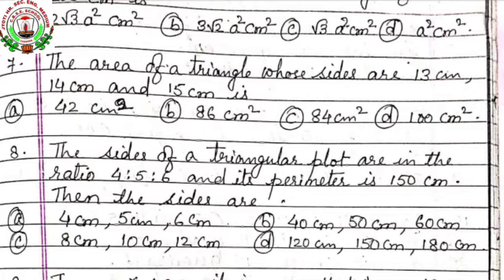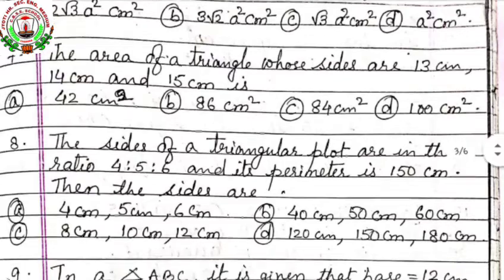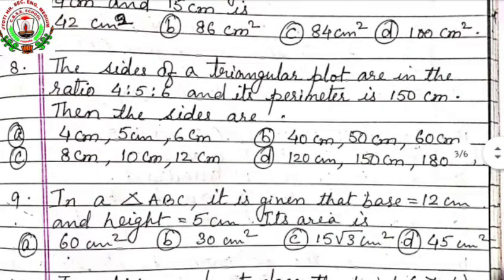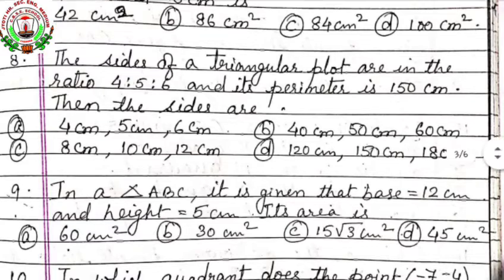Get the value of x and then by multiplying all 3 sides with x, you can get the sides. 4 options are given, one will be the right one. Now ninth question, in a triangle it is given that base equals 12 centimeter and height is given, its area is. So use the formula half into base into height and get the answer for this ninth one.